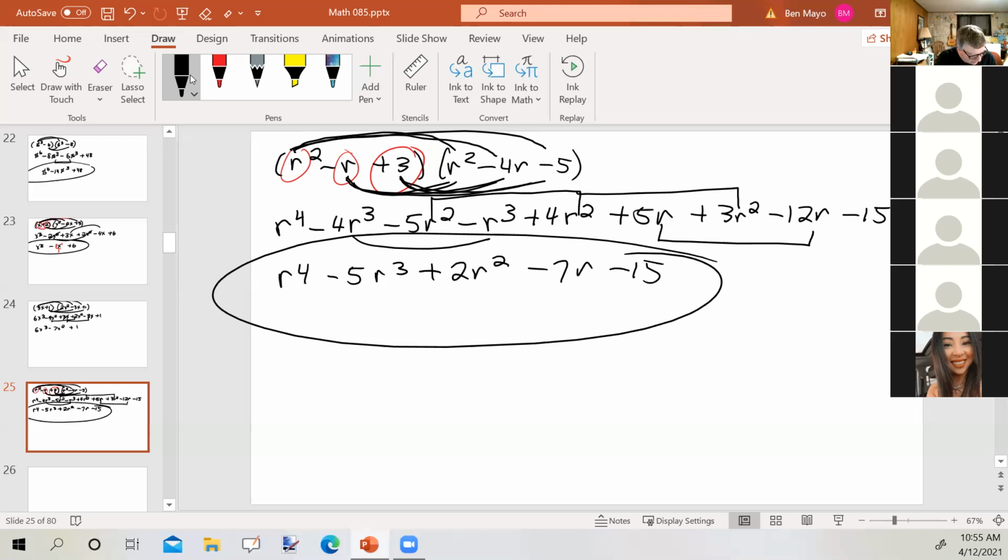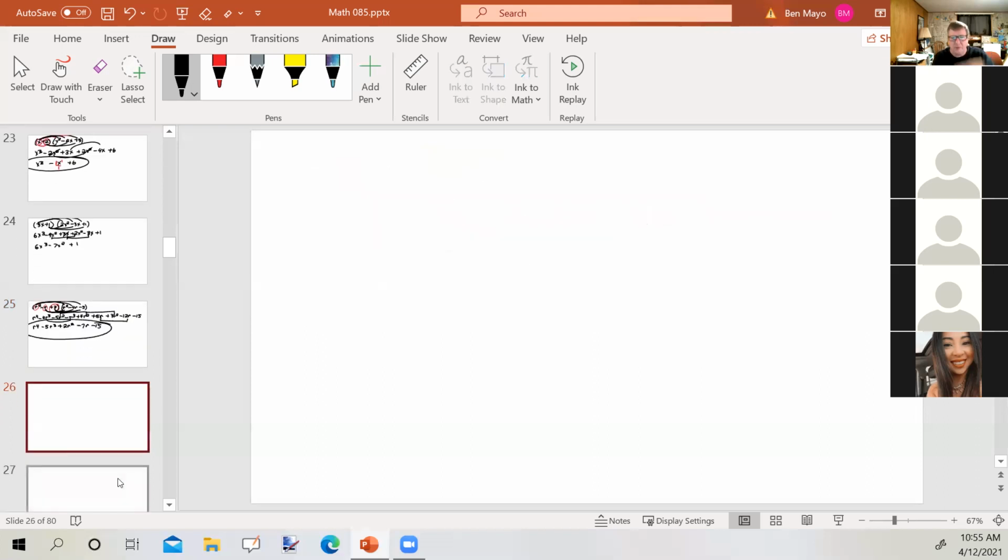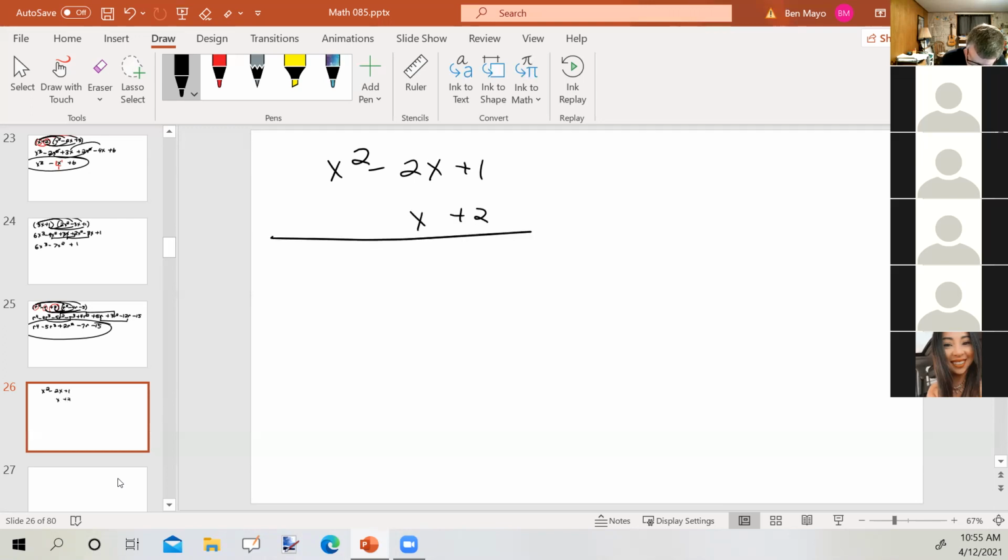All right, now we're going to look at multiplication vertically instead of horizontally. x squared minus 2x plus 1 times x plus 2. So we're going to multiply. That's going to be an x multiplication symbol. All right, so 2 times 1 is 2. 2 times minus 2x would be minus 4x, and 2 times x squared would be 2x squared.